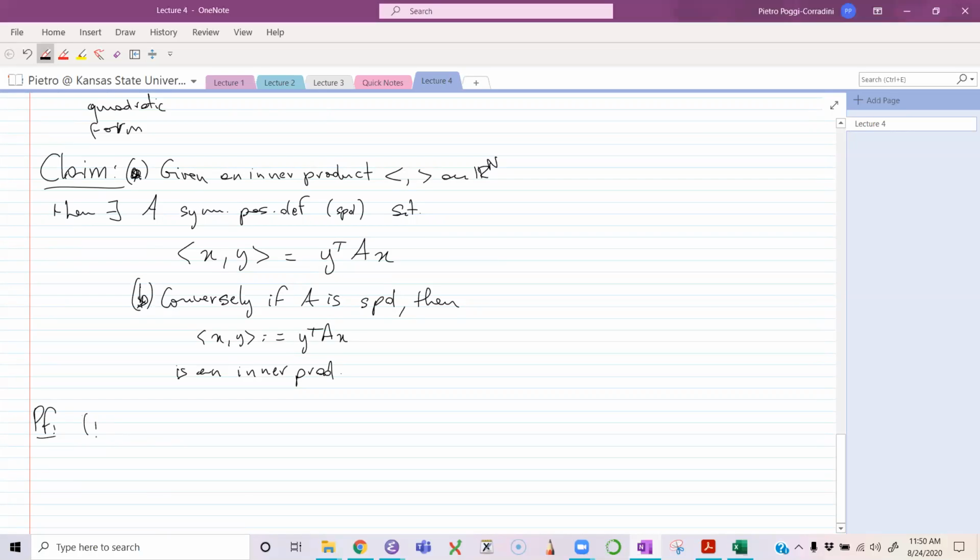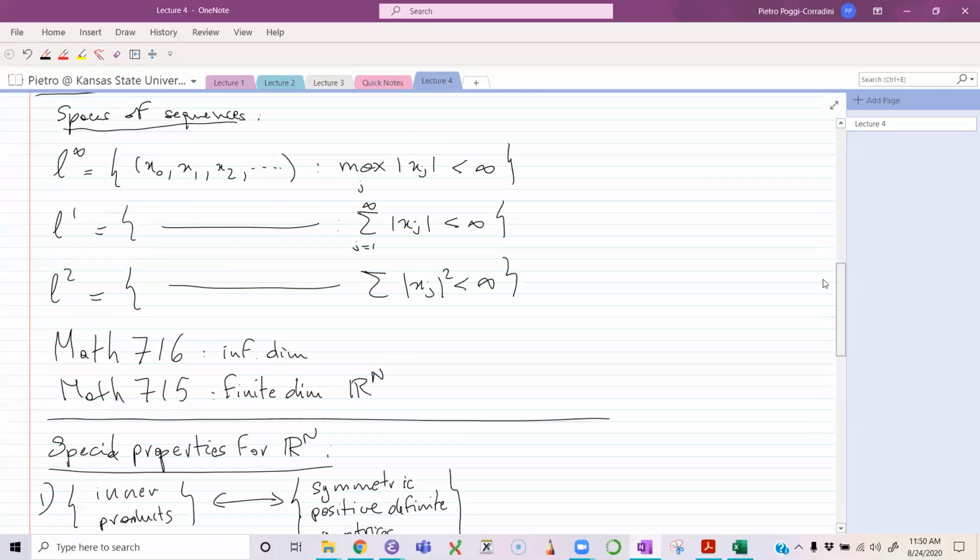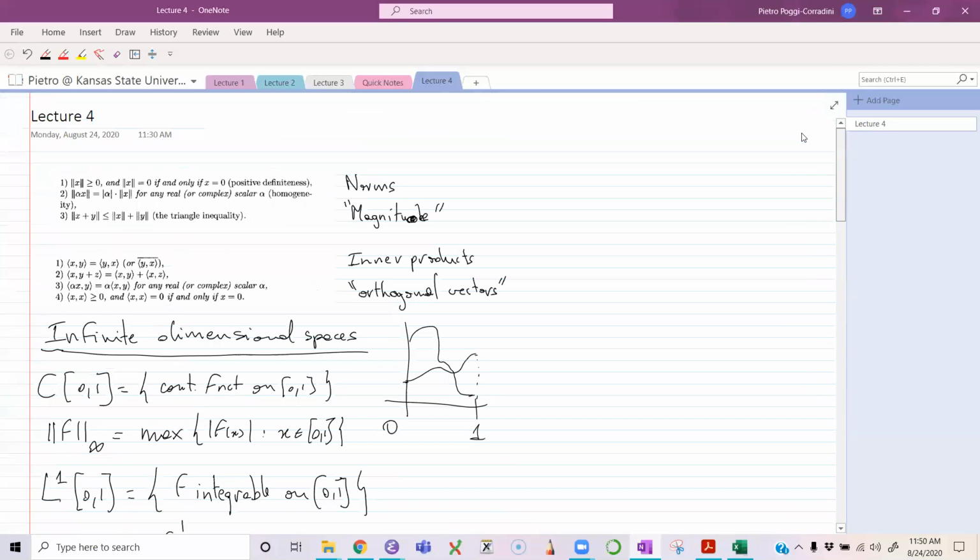So B, all you need to do is check the axioms, right? Let's go look at the axioms for a second. Well, symmetry, linearity, and then non-negative and 0 if and only if x is 0.